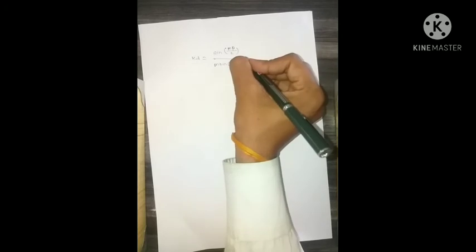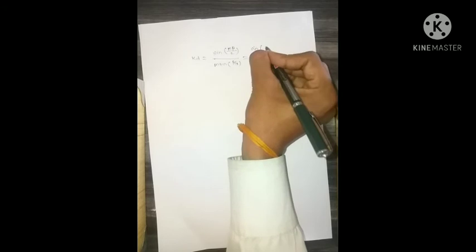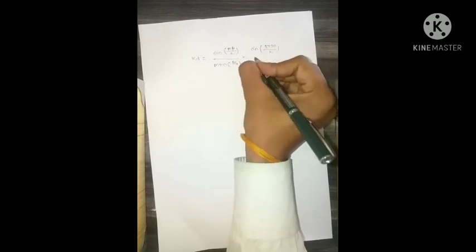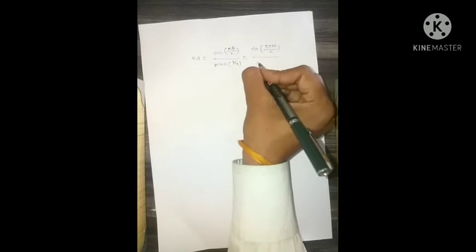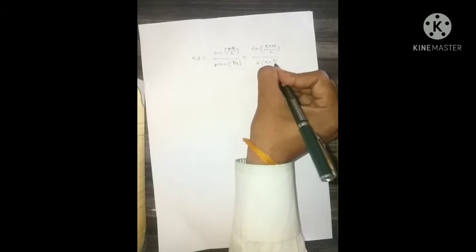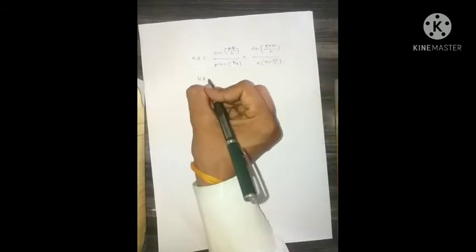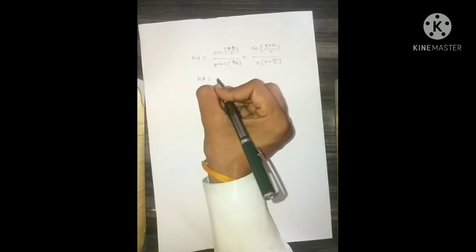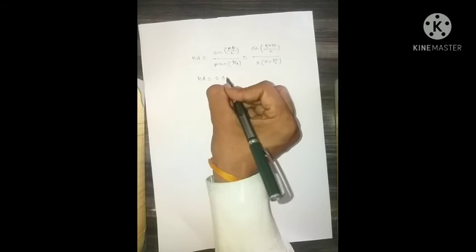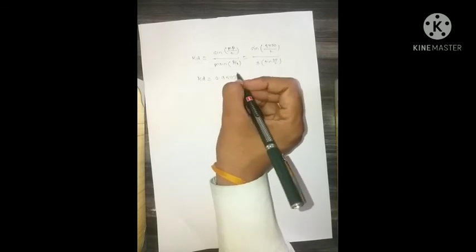By simplifying this, we will get sine of 3 into 20 upon 2 divided by 3 into sine of 20 upon 2, and the distribution factor KD equals 0.9597, and this quantity is unitless.